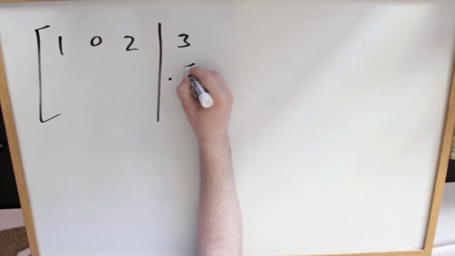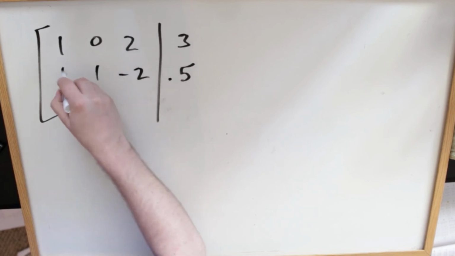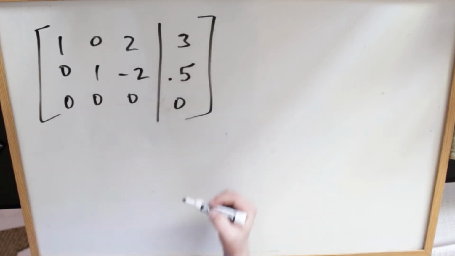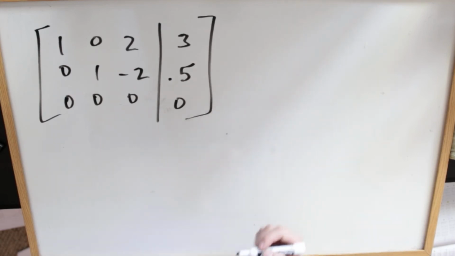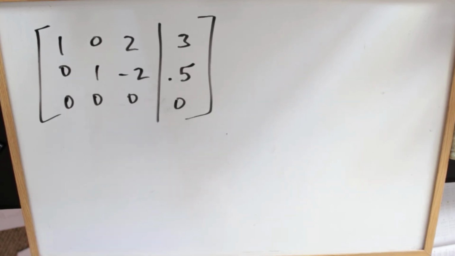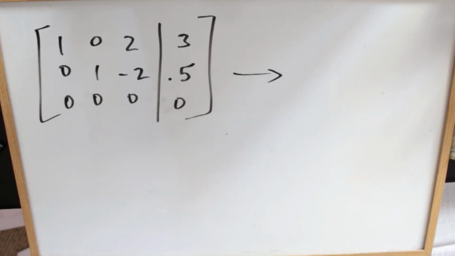This is going to be a 0.5, -2, 1, 0, 0, 0, 0, 0. Okay, what this means is this is a dependent solution. So I get 0z is equal to 0. And that's a problem, okay? So what's going to happen is that we get something that's going to look like in terms of C.